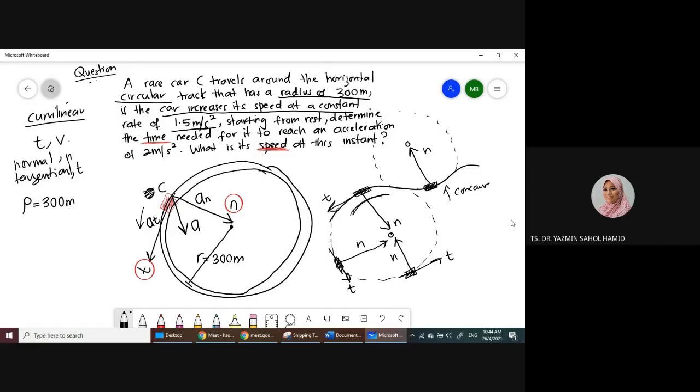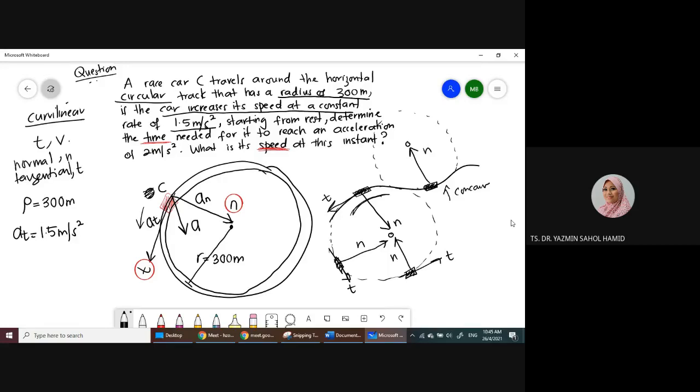Do you think that is AT or AN? AT, yes, because AT is the derivative of velocity with respect to time. So AT is 1.5 meter per second squared.